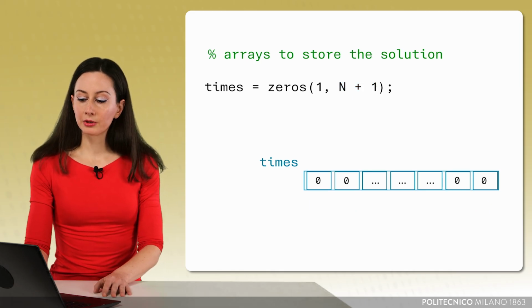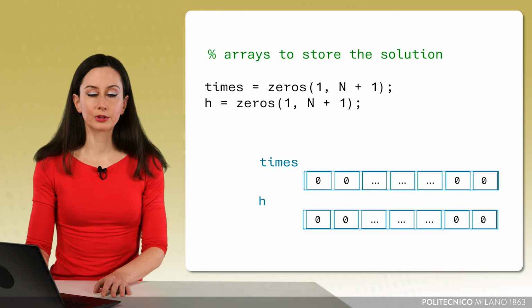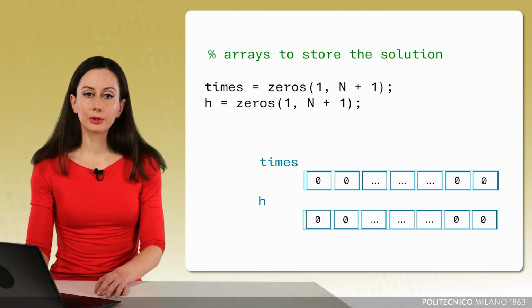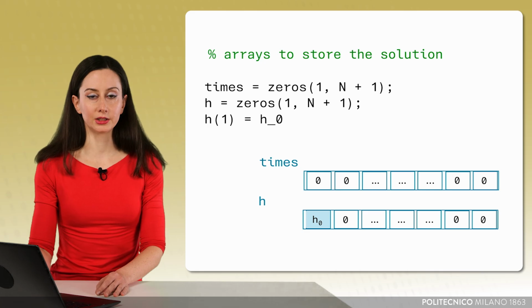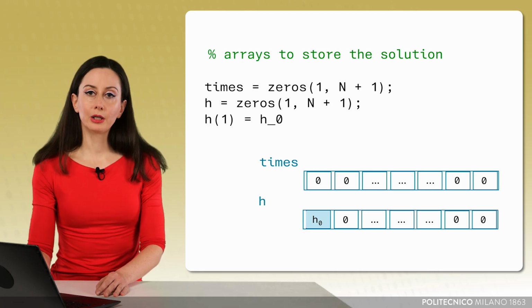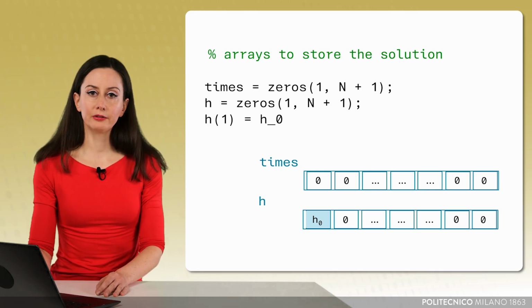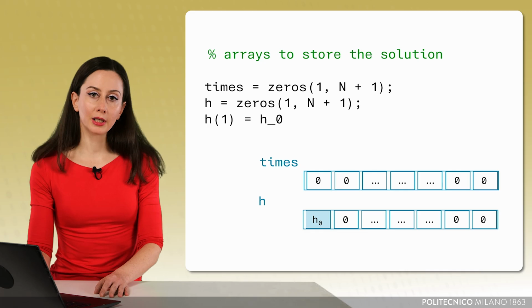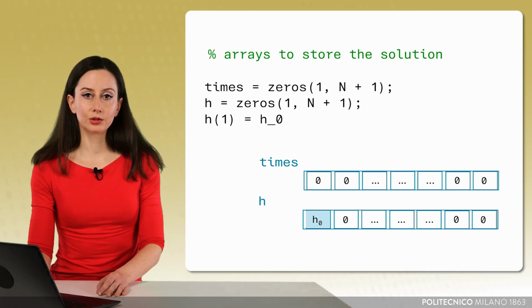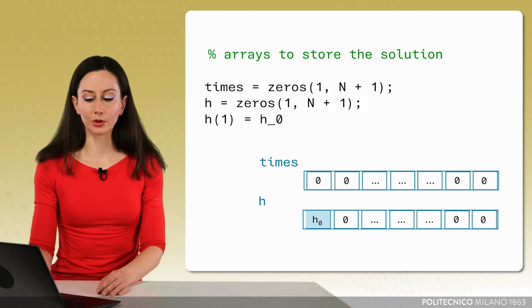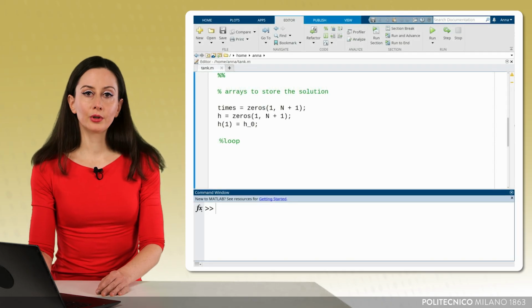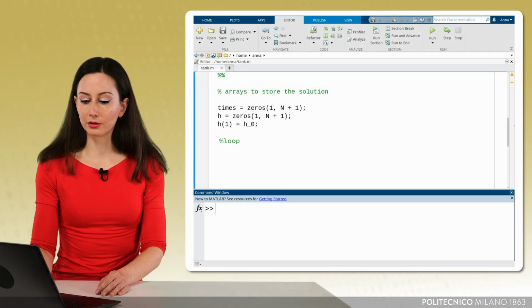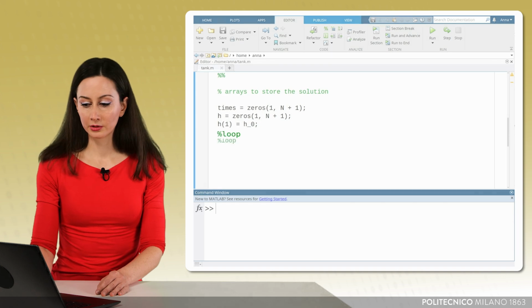We can do the same to create an array to store the water level h, and there we can fill the first position with the initial water level h0. And what about all the other values? We have a recipe to find h1 given h0, h2 given h1, and so on. So to compute all the other values of h, we need to learn how to write a loop.